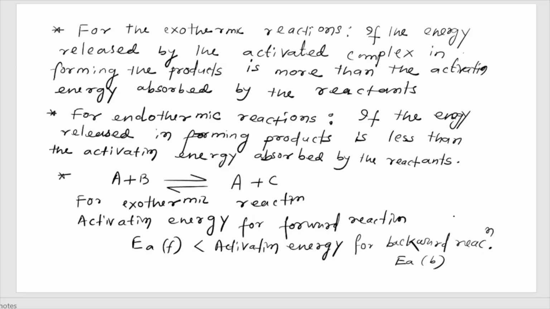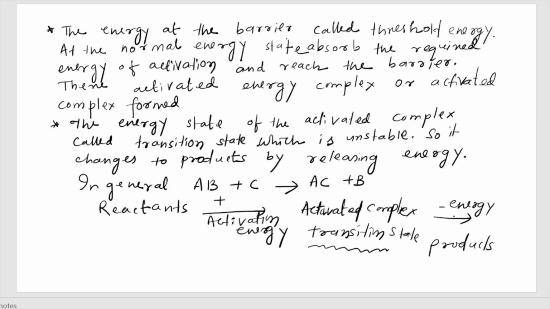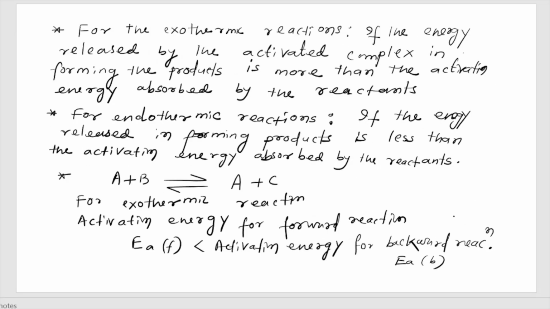As I told you before, the reactants take activation energy and the activated complex forms. If the energy released in forming the product is more than the activation energy, it is an exothermic reaction.